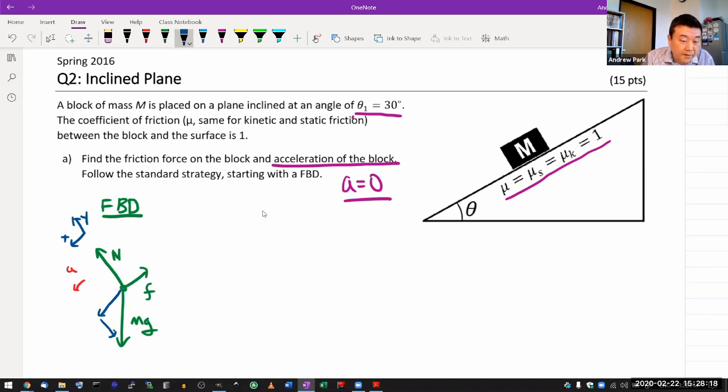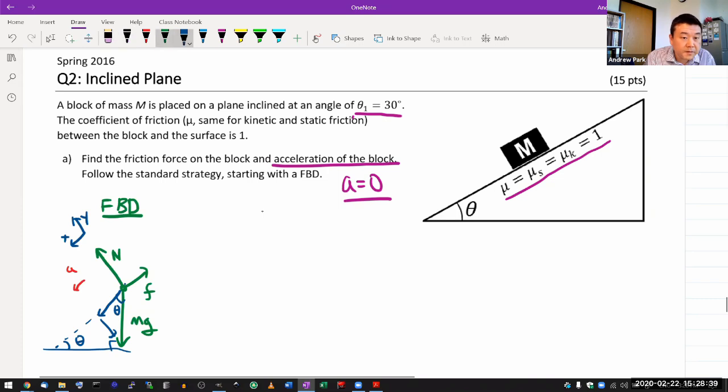So here you have to be careful with the angles. Let me illustrate the angles that you are dealing with. The dotted line is the representation of the surface. So if you have this theta here, then this is 90 degrees. So this is actually going to be theta.